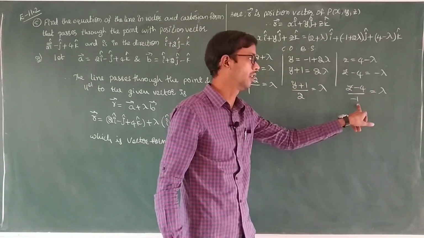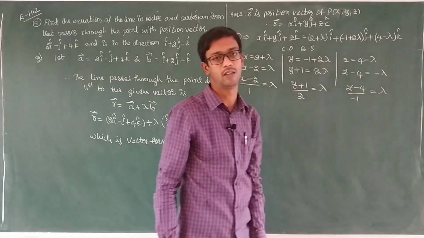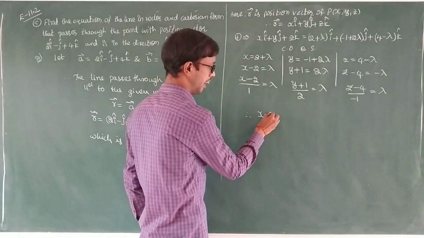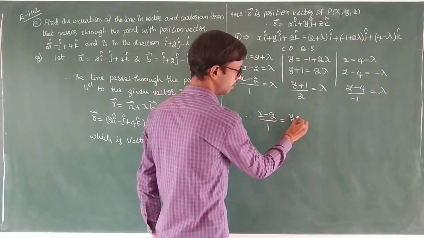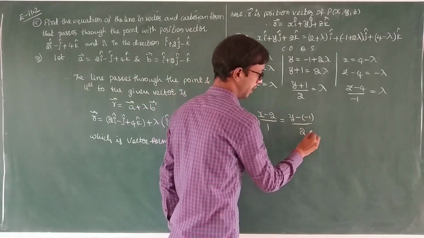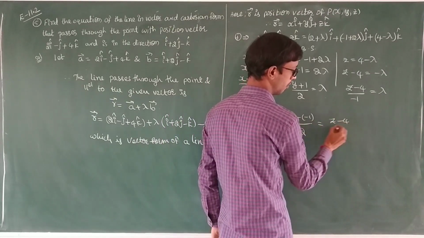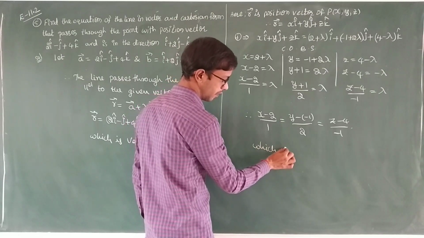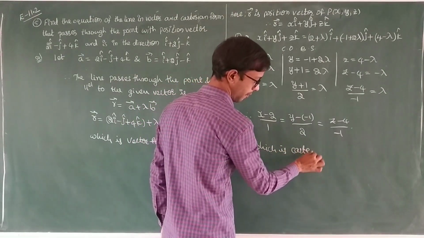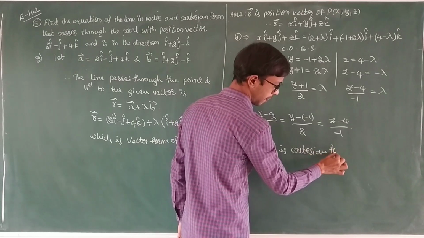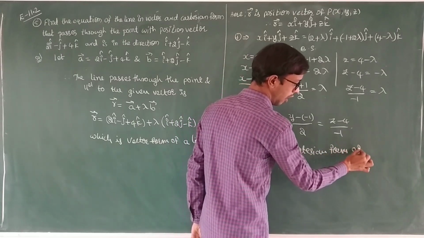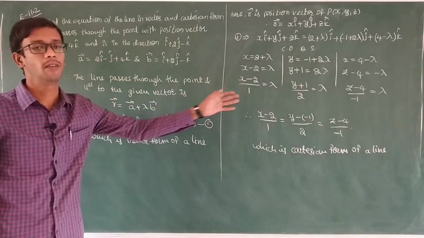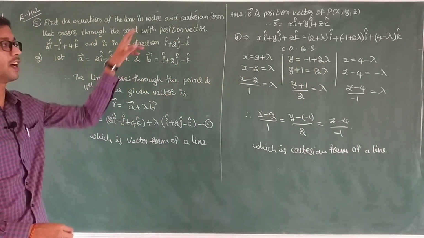Therefore, (x minus 2) by 1 equals (y plus 1) by 2 equals (z minus 4) by minus 1, which is the Cartesian form of a line. This is the Cartesian form, this is the vector form. Both are asked, so both you have to find.